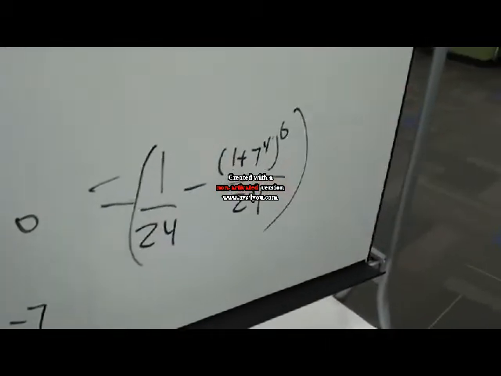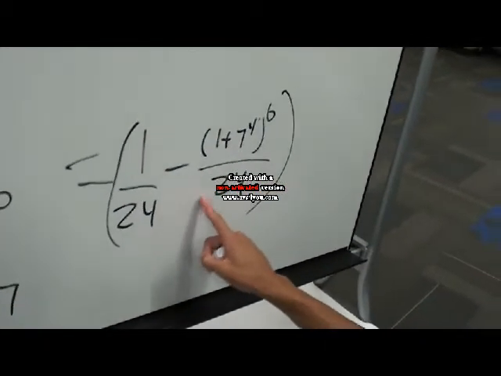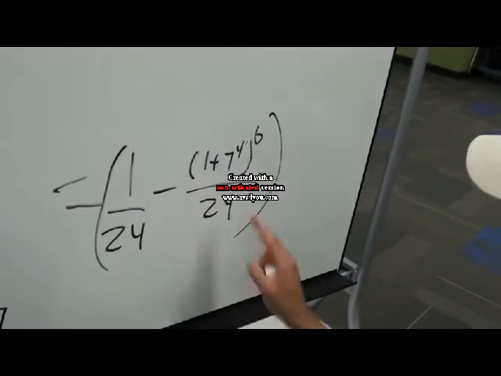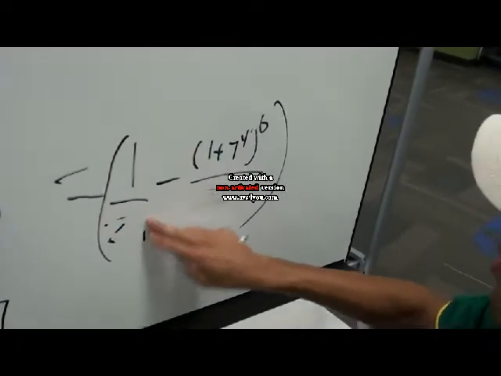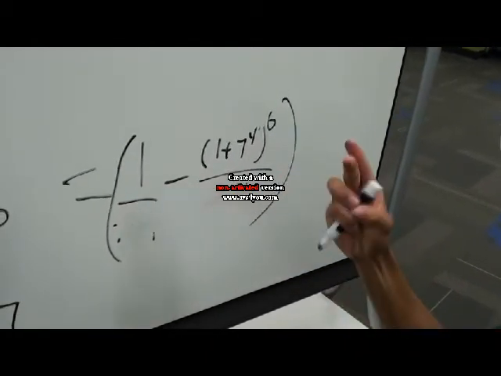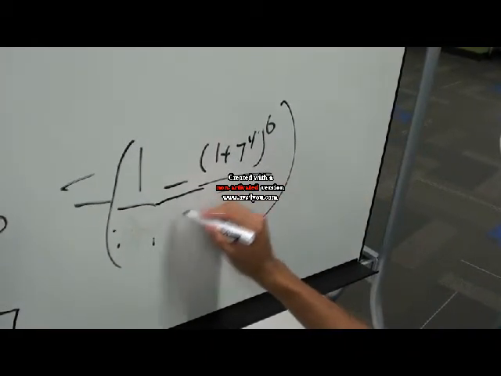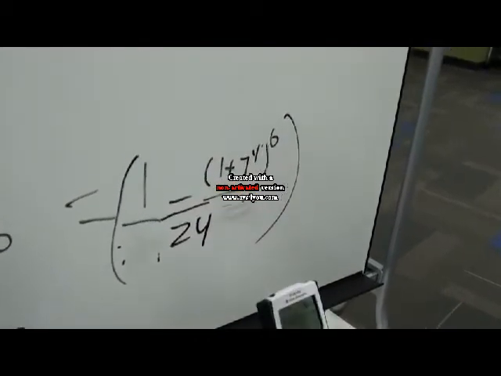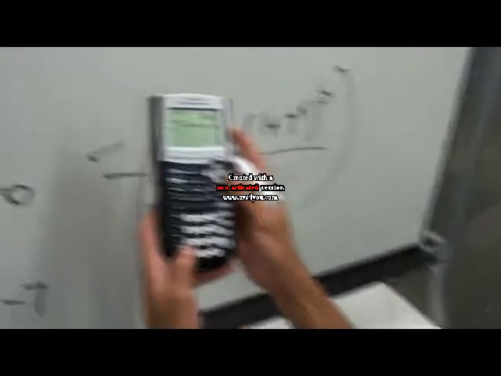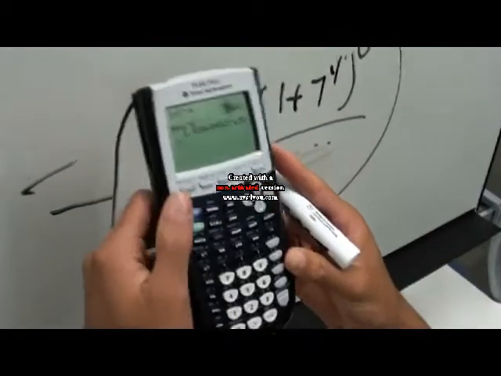And then if you notice, we have the same denominator both here and here. So we can actually combine this expression as one thing. We can combine our fractions like that. It's now 1 minus our answer.